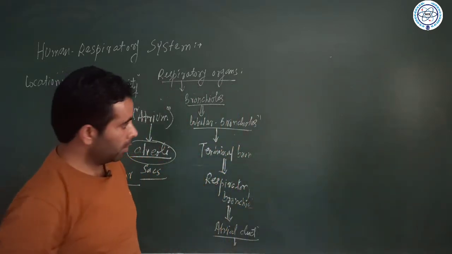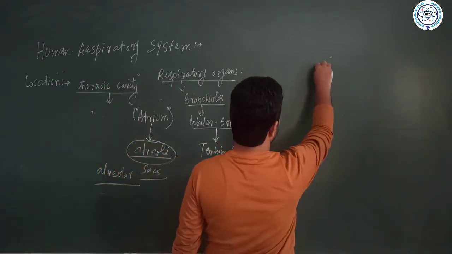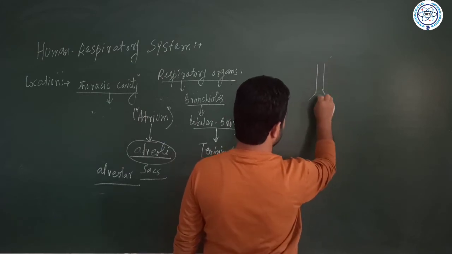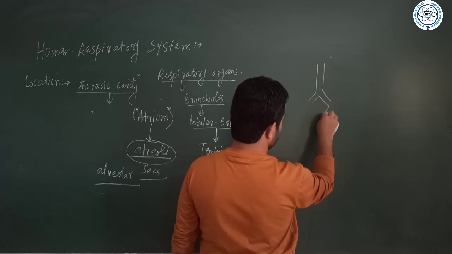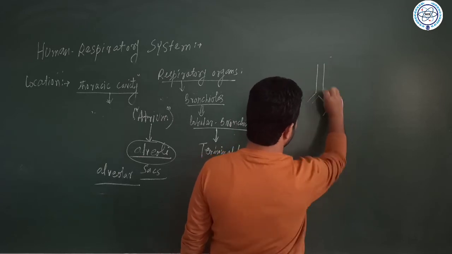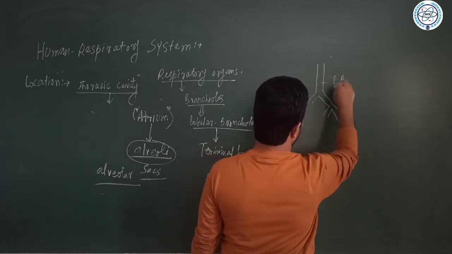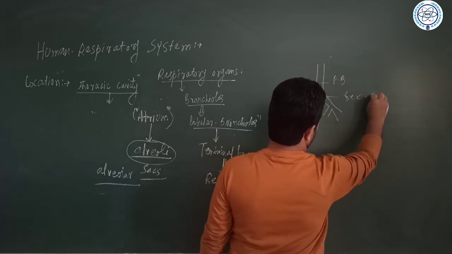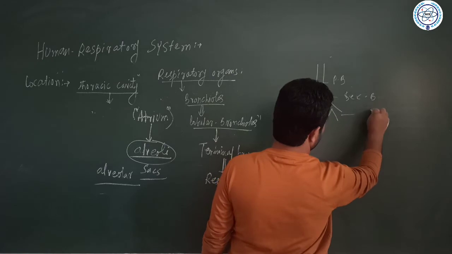So let's go ahead. Let's say this is the primary bronchi, which divides into secondary bronchi, and this one is dividing into tertiary bronchi.